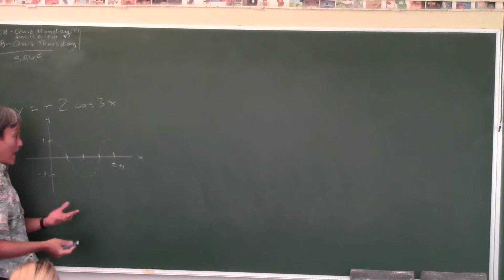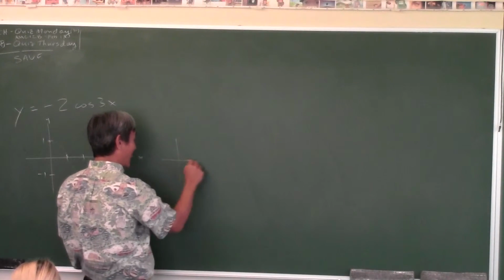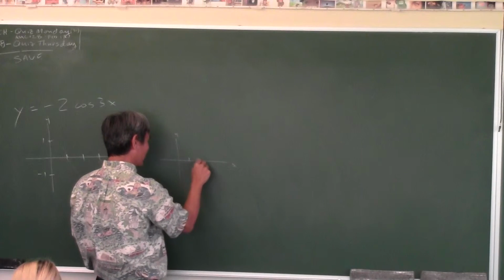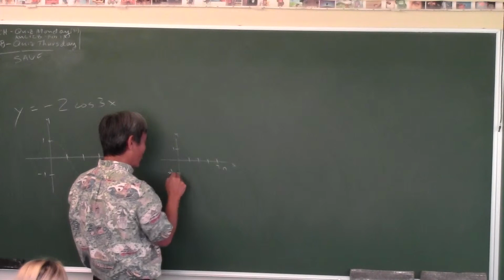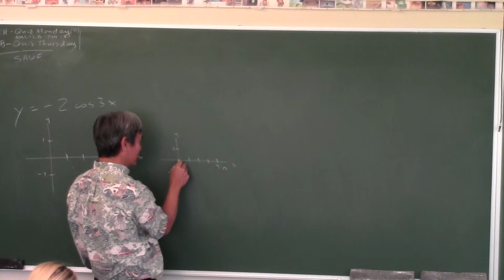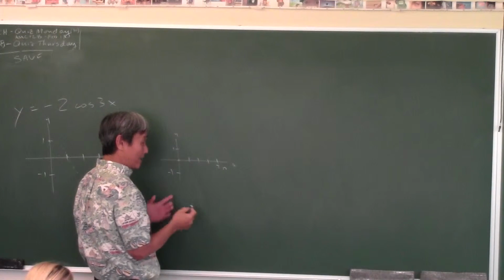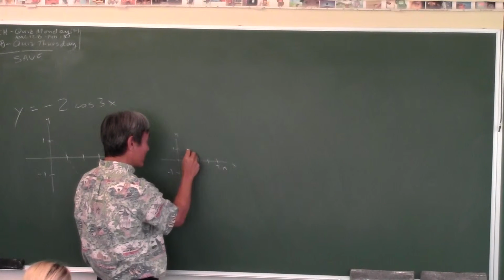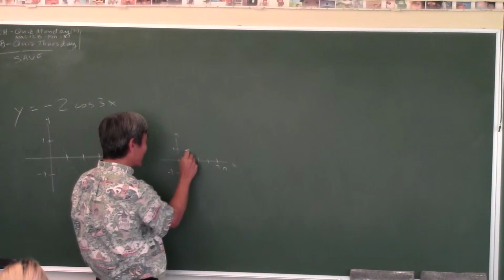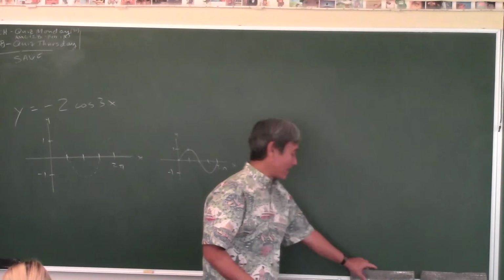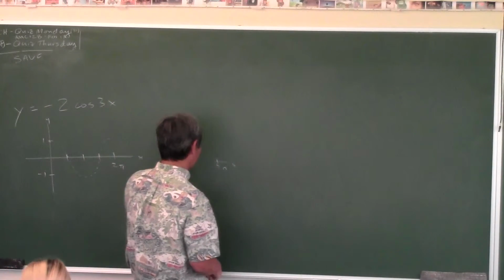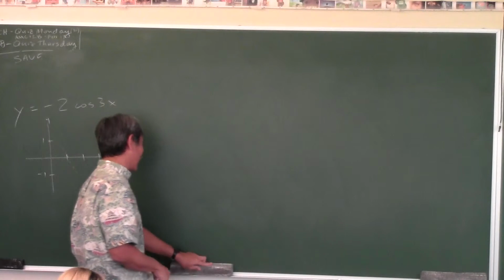And for the sine graph, how does the graph look? What is the sine of 0? What is sine of pi over 2? 1. Once you get those 2 points, then you know the graph is going to go like this. I don't know how you guys remember it, you got to figure it out.